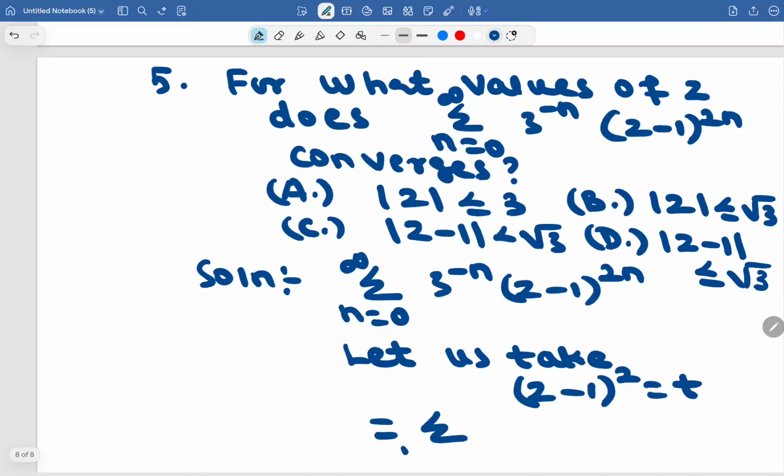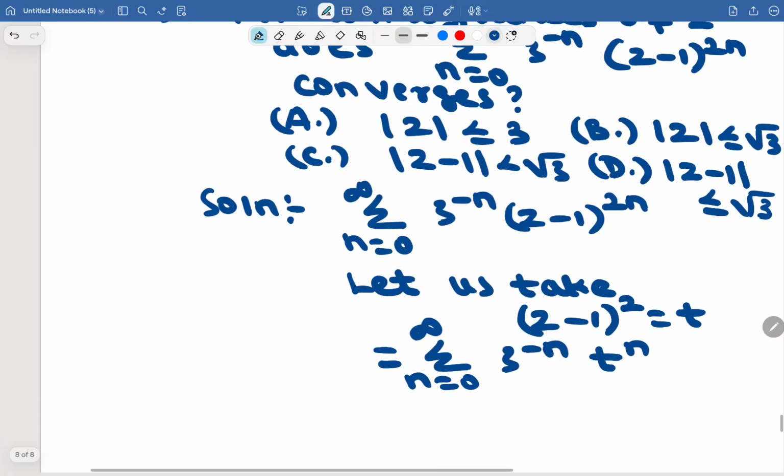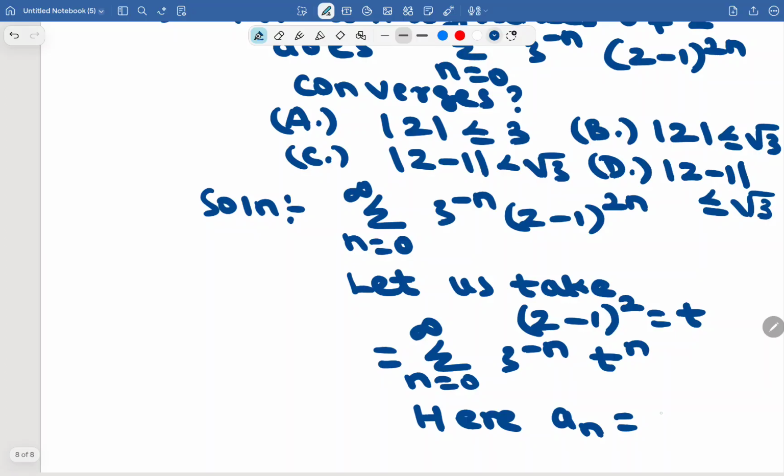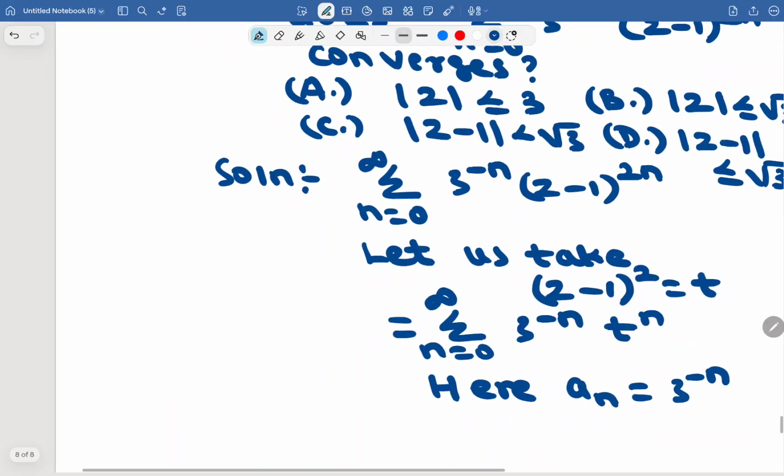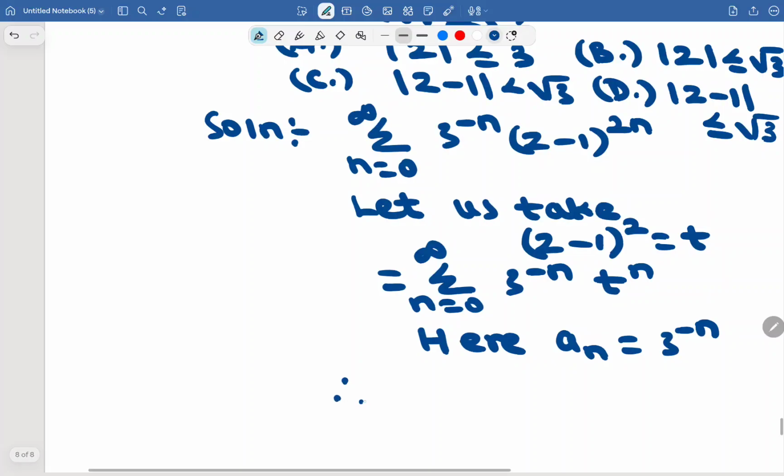Therefore, summation n equal to 0 to infinity 3 power minus n t power n. Here a n is 3 power minus n.